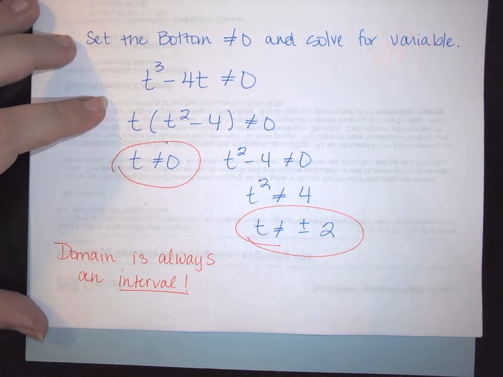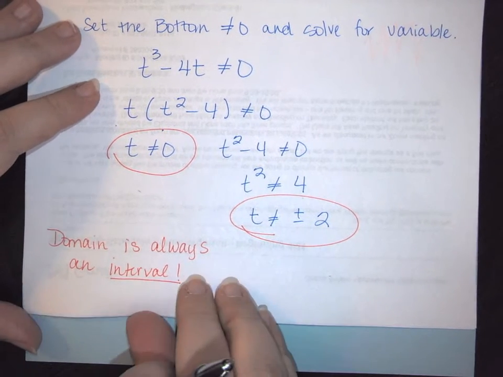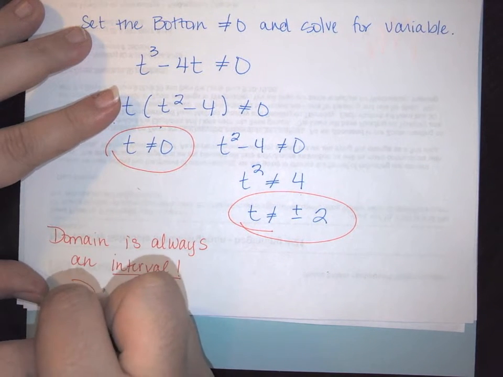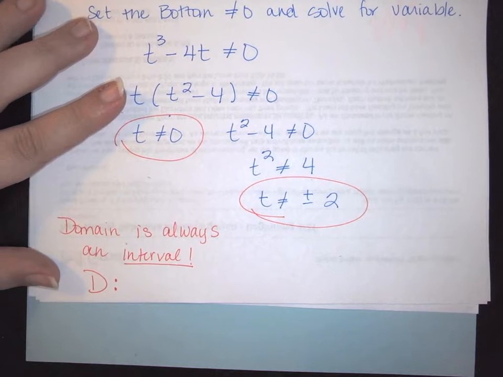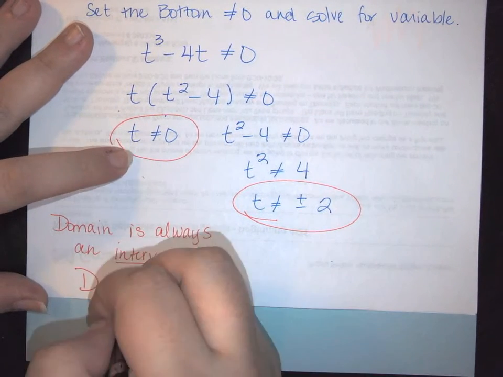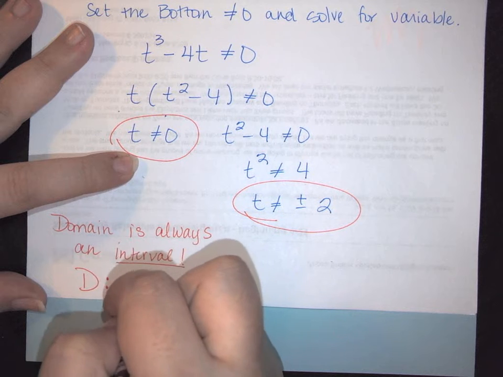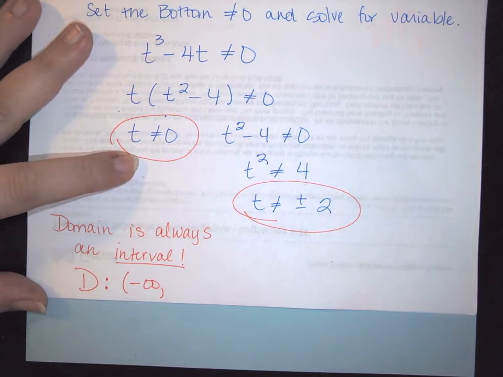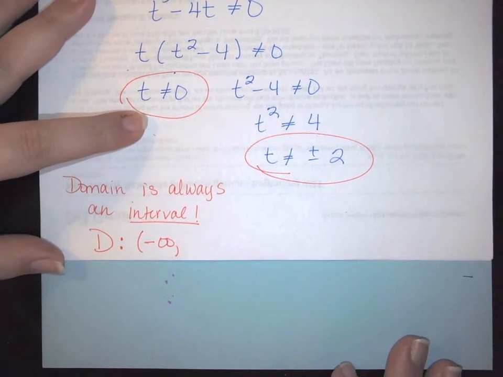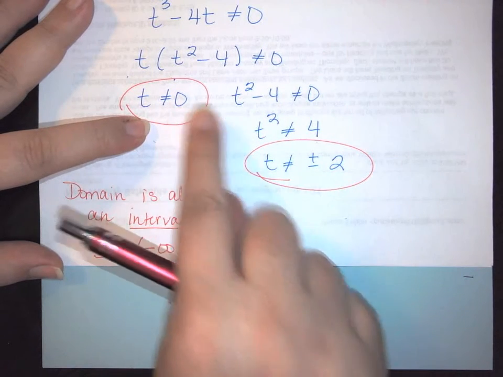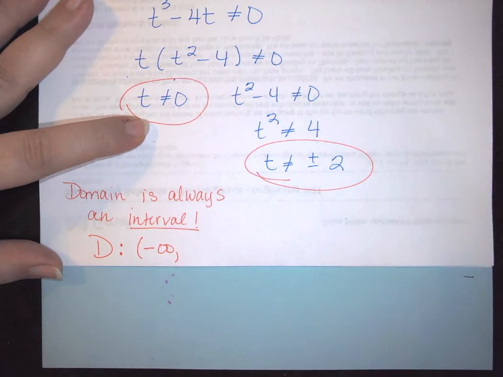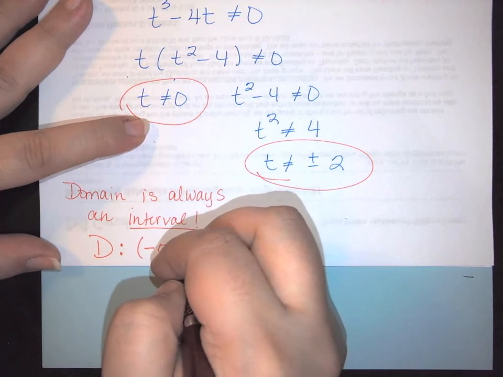In order to write the interval, we say D, and then you put in your little dots. We go from negative infinity up to the smallest, most negative value. I have 0, positive 2, and negative 2, so the smallest is negative 2.